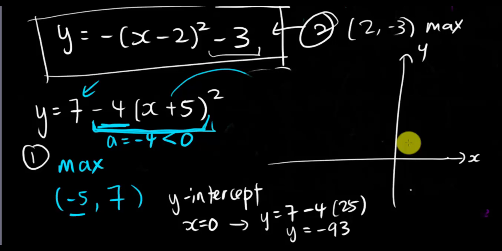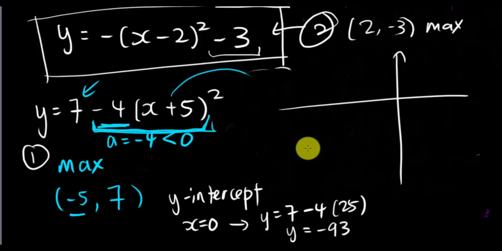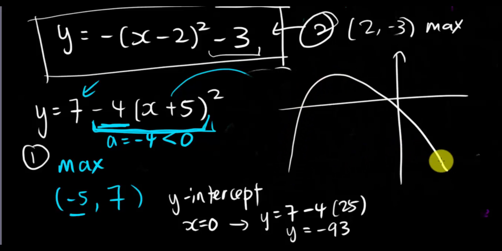So if I know my y-intercept is this value, what I will do is sketch this one again. I will try to make my x-axis a bit higher. Then -93 is somewhere here, so I will just randomly, oops, this is terrible, because I'm trying to sketch the parabola.